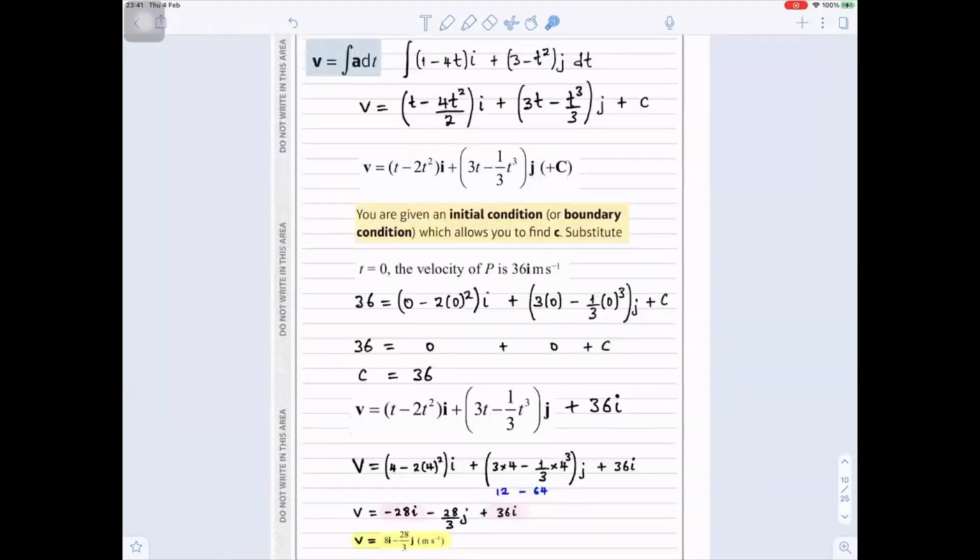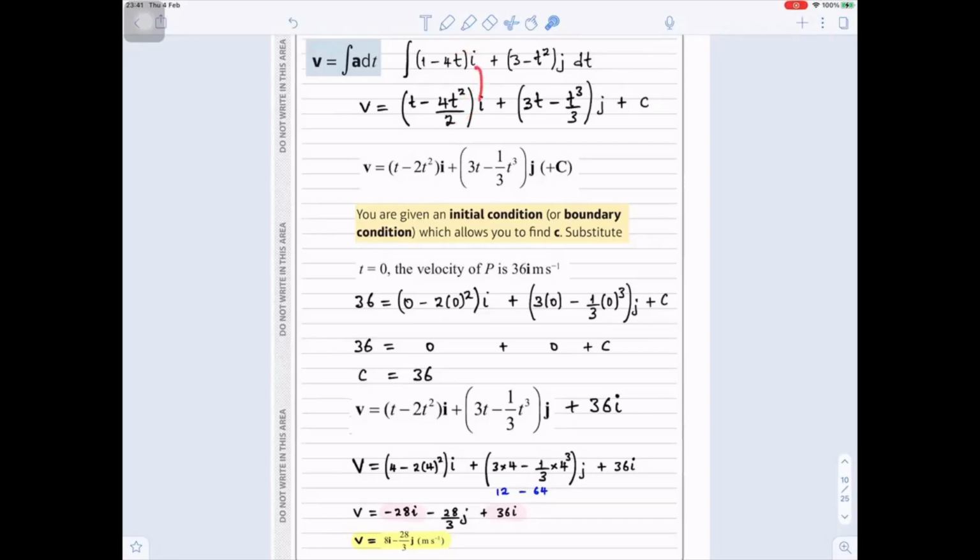So when we integrate, the integral of 1, imagine it's like t to the power 0. You add 1 and you divide by 1, so it's just t. When you integrate 4t, you have t to the power 1, you add 1, it becomes 4t squared divided by 2.